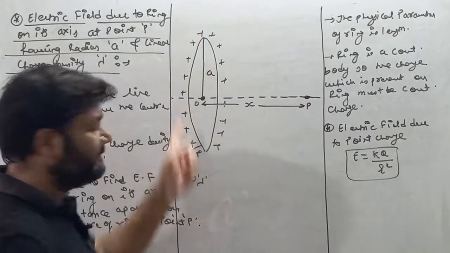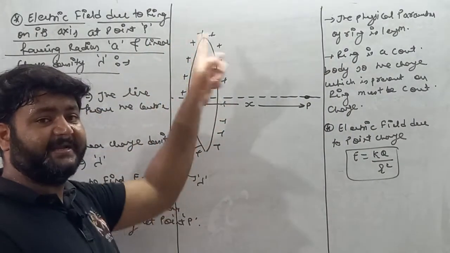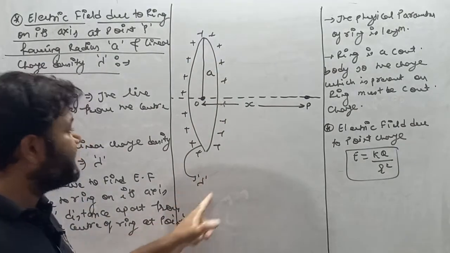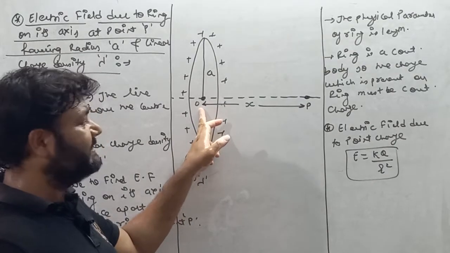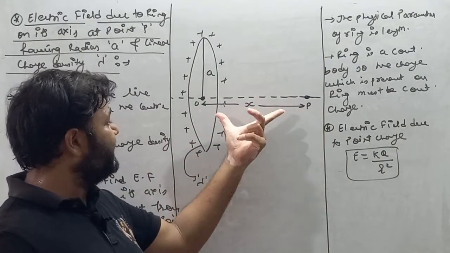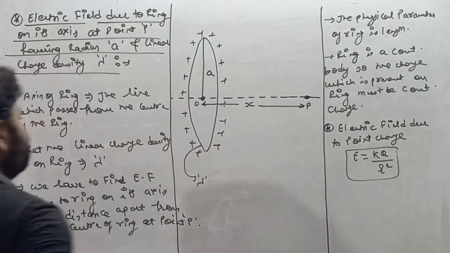So we have a ring of radius a carrying positive charge on its length, having linear charge density lambda. From center at point P, x distance apart, we wish to find electric field due to this ring.